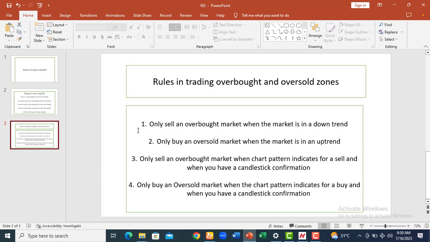Only buy an oversold market when the chart pattern indicates a buy and when you have a candlestick formation. It is because people do not apply these 4 rules that RSI isn't working for them. But when you apply these 4 rules, you see it working for you.